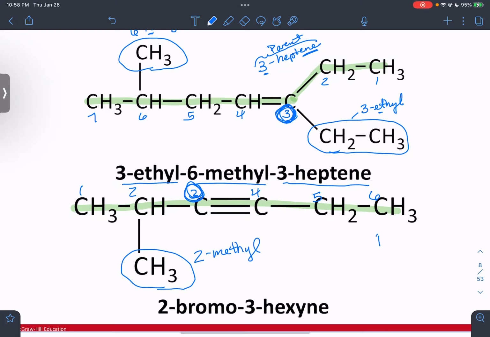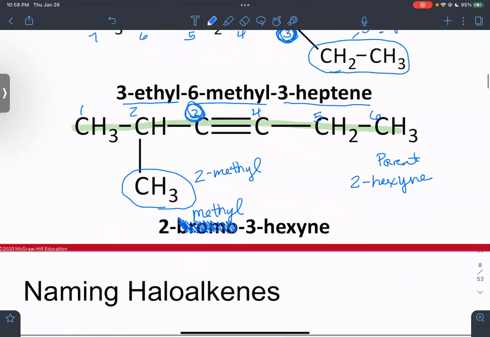Then our parent, at carbon 2, is 6 carbons long, so this is hex. And then it's a triple bond, so it's YNE. If we put this together, this is wrong. That is wrong. It is 2-methyl-3-hexyne. All right, good.